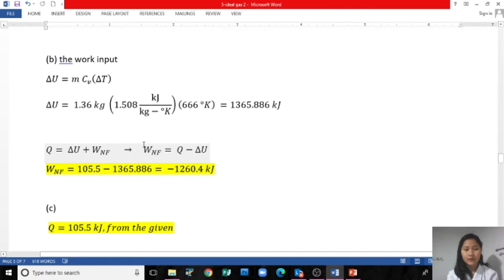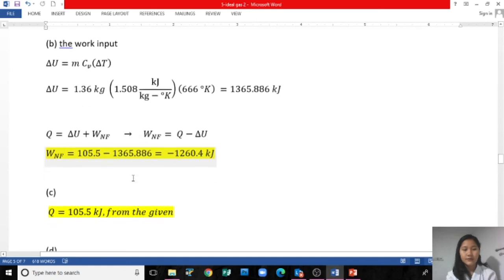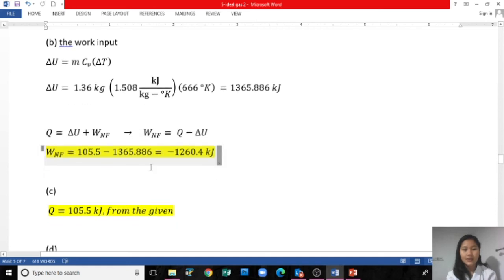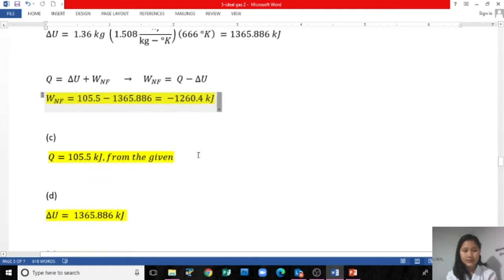Then the equation is WNF, or the non-flow work, is equal to Q minus delta U. Now substituting all the given to this equation, the work input therefore is equal to negative 1260.4 kilojoules.